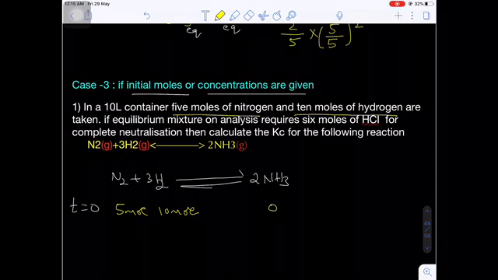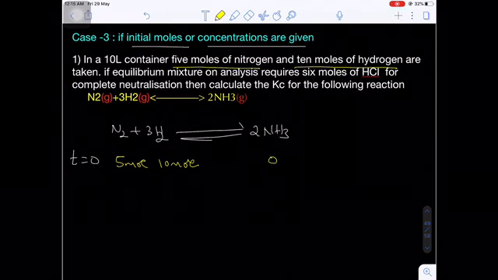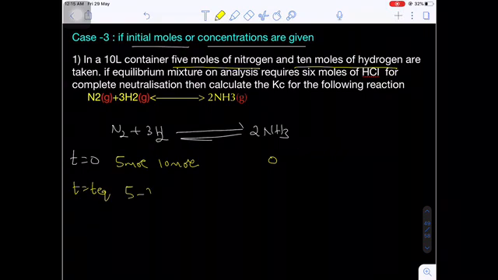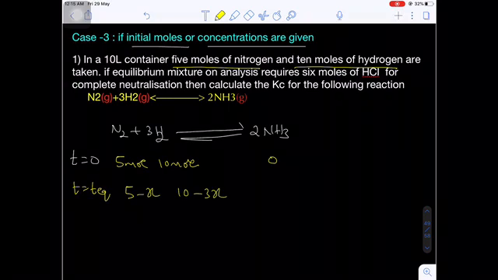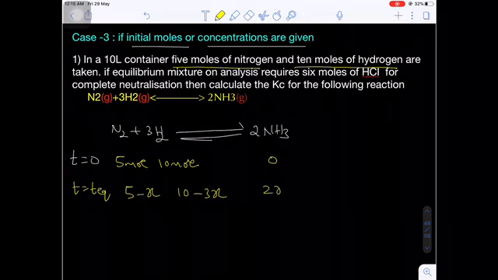Initially there is no ammonia. This is very important. When the system attains equilibrium, let's suppose x moles of nitrogen decompose, then 3x moles of hydrogen should decompose according to the stoichiometry, that is the 1:3 ratio. Then 2x moles of ammonia should form. Are you getting my point?